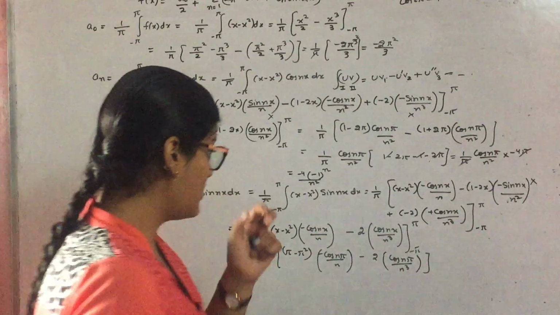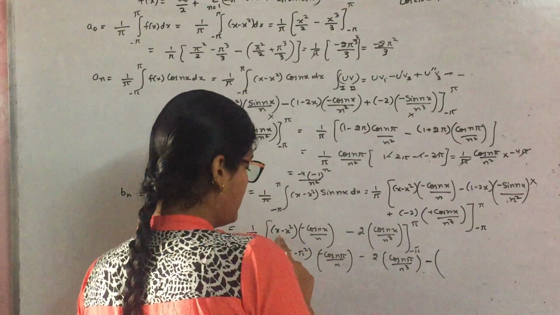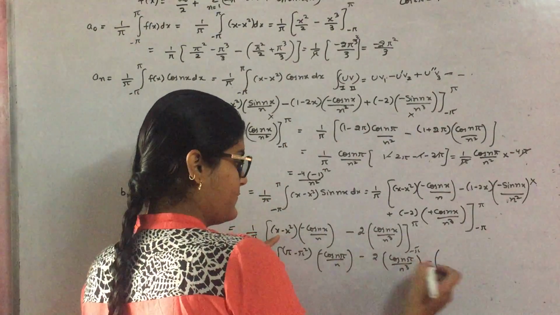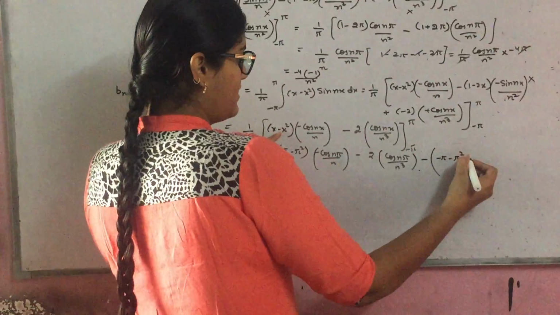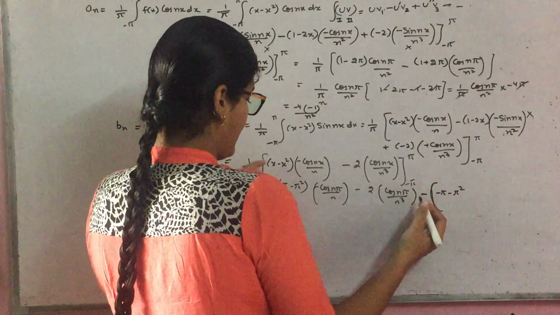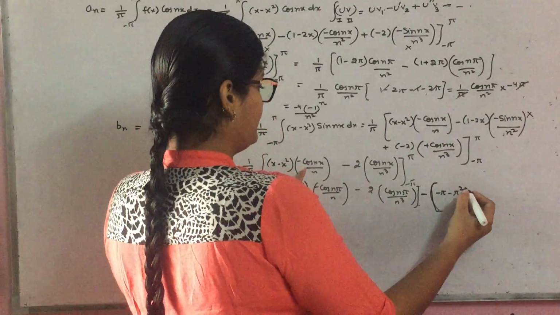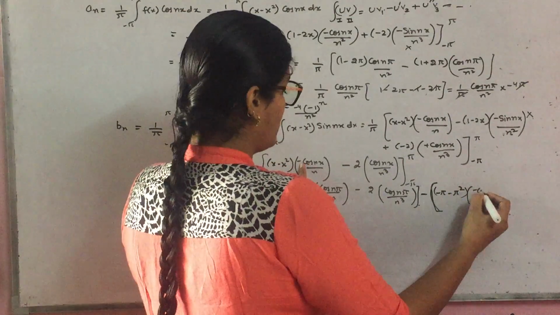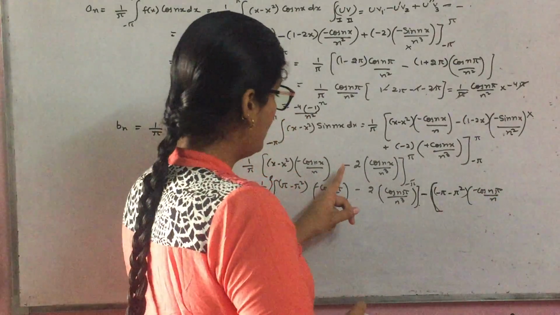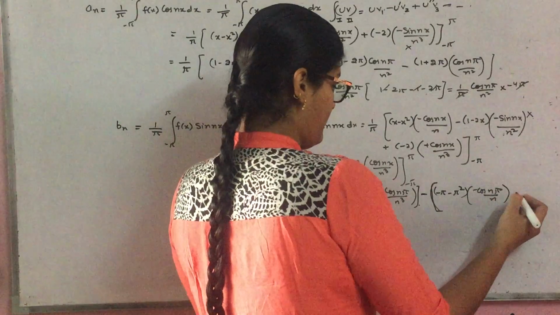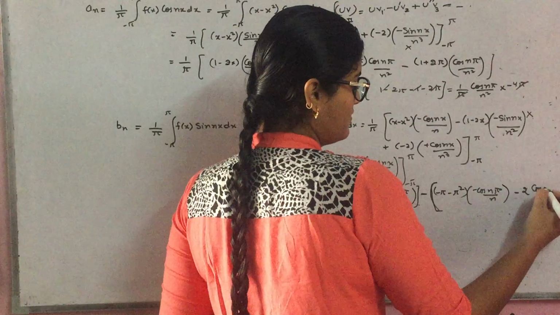This is your upper limit. Minus, now it turns to find out lower limit: minus pi, square is plus pi, minus pi square, then minus cos n minus pi is also n pi.